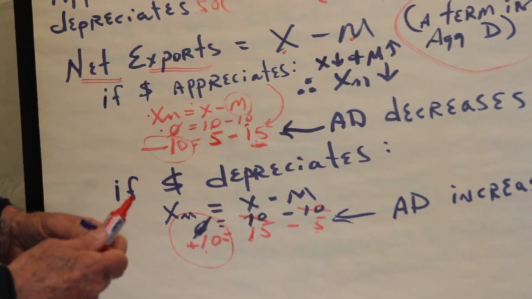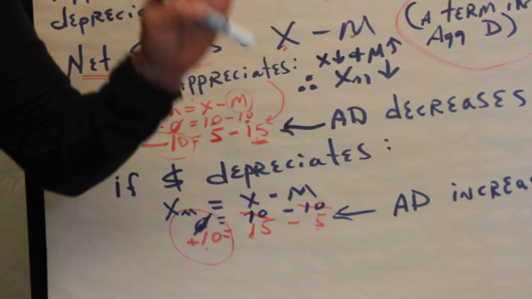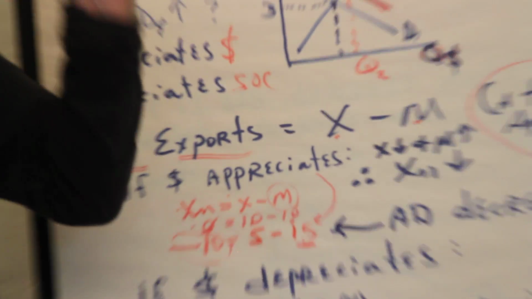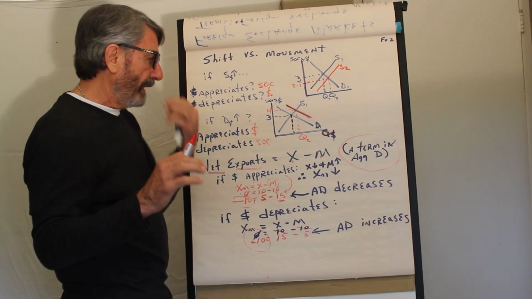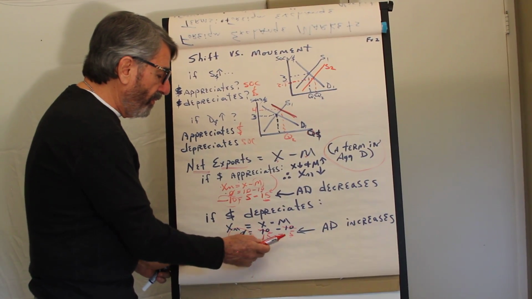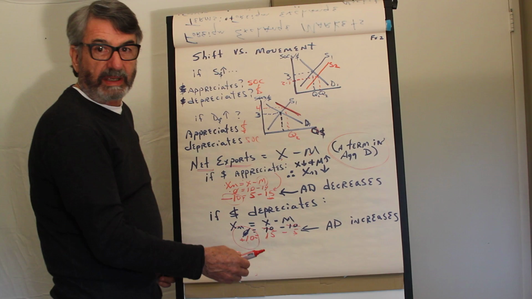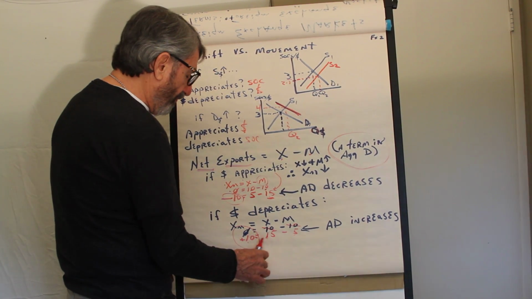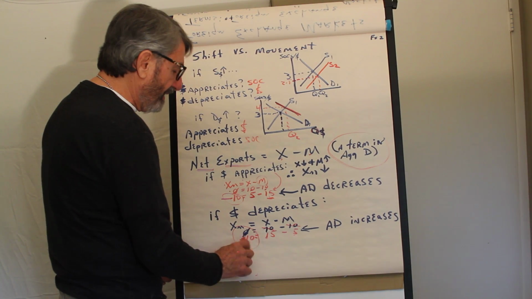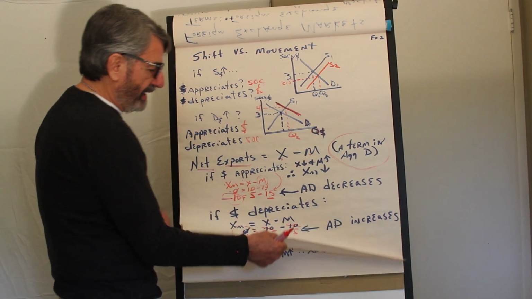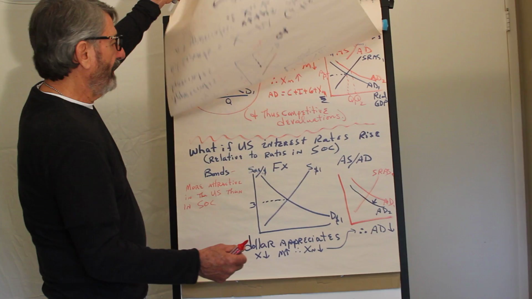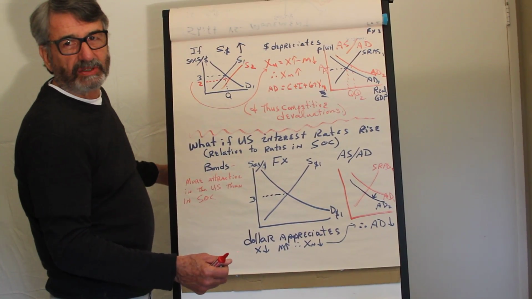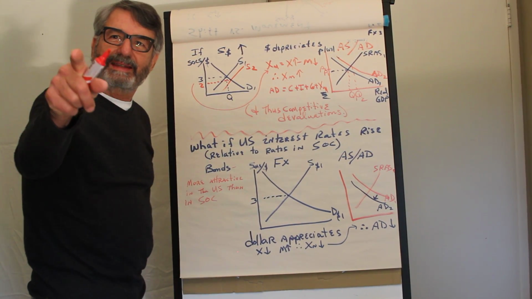And if the U.S. dollar depreciates, and this is the only thing that happens, this is all ceteris paribus in a world where everything is happening constantly, we're assuming that this is the only big change. And if that happens, where the dollar depreciates, then with net exports rising, that would shift aggregate demand to the right.